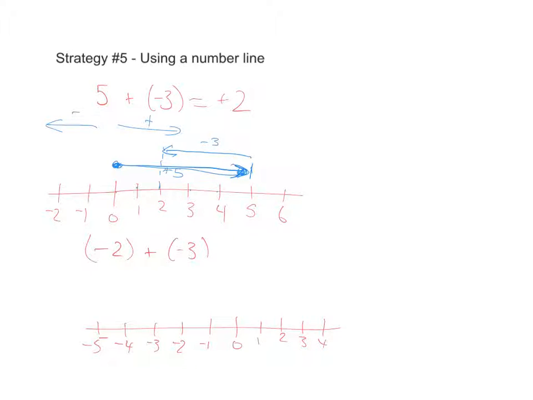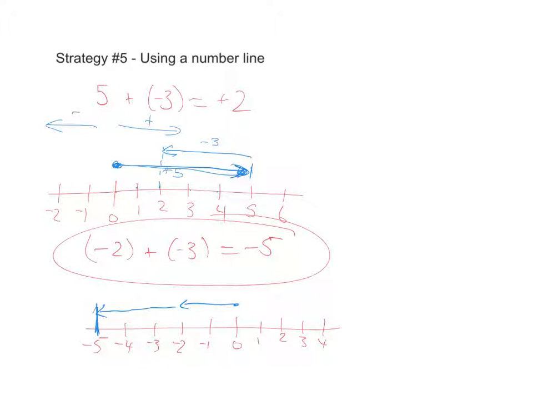Okay, so the first thing I do is start at 0. I'm moving 2 to the left because it's negative 2. Then what I'm doing is I'm moving 3 more to the left. 1, 2, 3. Ends here. What's my answer? Negative 5. So you can see that's how we use a number line.